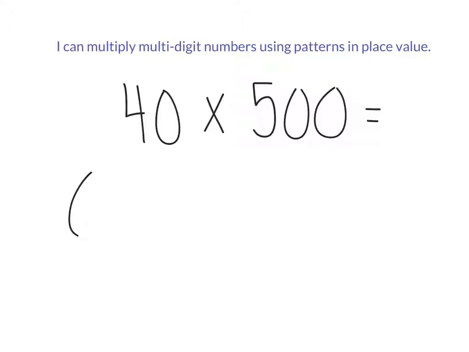I would like you to try and set up the parentheses expressions to show that you understand more than just adding zeros at the end, but that you can break up everything into the place value patterns.